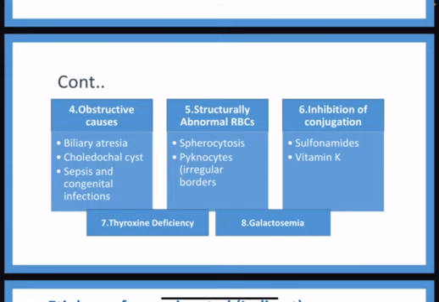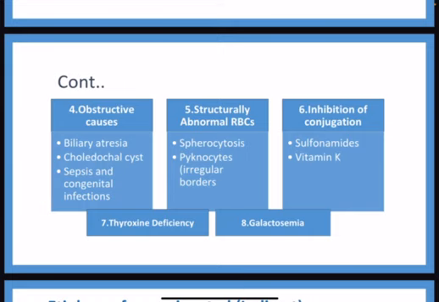So if someone has spherocytosis or any other structural abnormality of the RBC shape, we know that the RBCs go through the reticuloendothelial system, and there any aberrant RBC should be destroyed. So if you've got spherocytosis, the shape of your RBC is abnormal, more RBCs are destroyed, more bilirubin will be produced, etc.